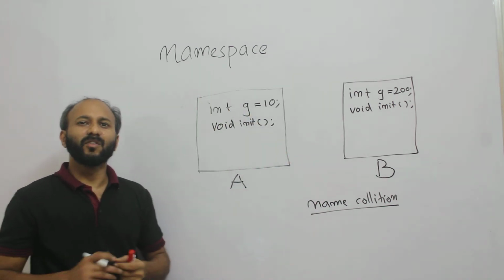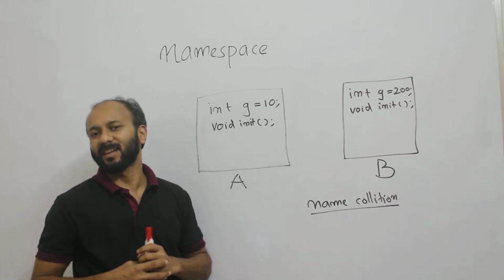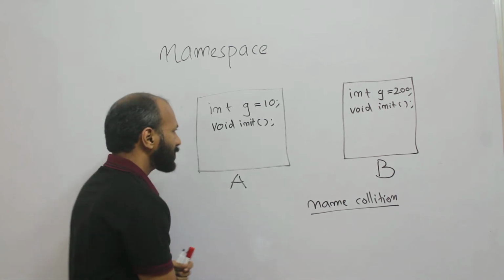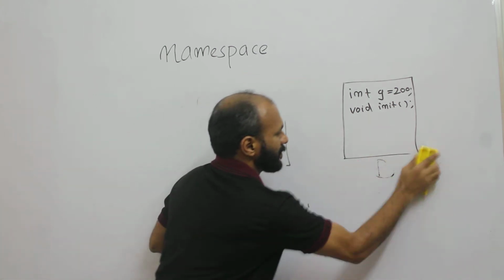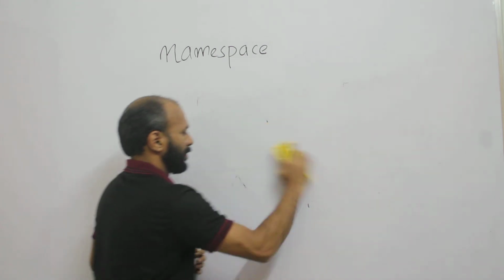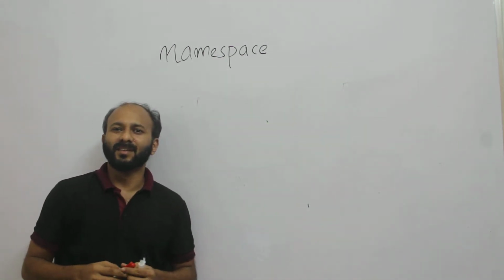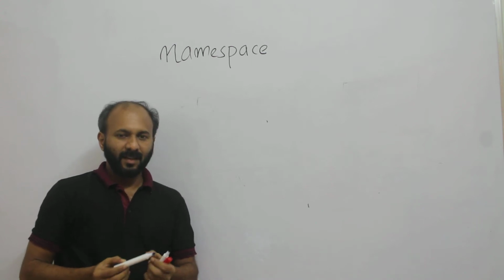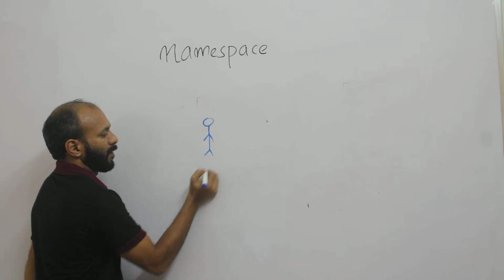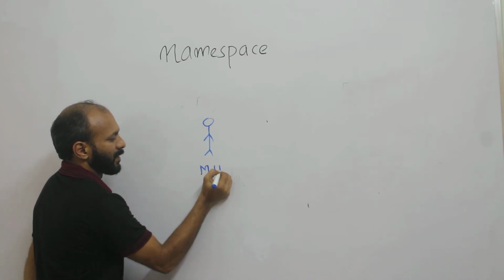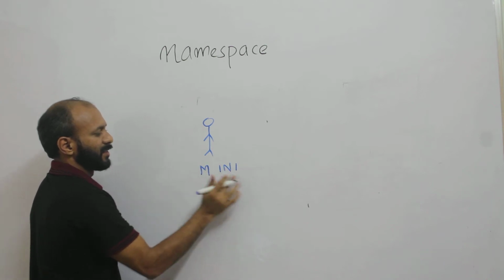Now I will tell you one analogy of how a namespace works. After that we can start writing the namespace. Assume in my classroom there are two Minis. One girl's name is Mini, M-I-N-I.